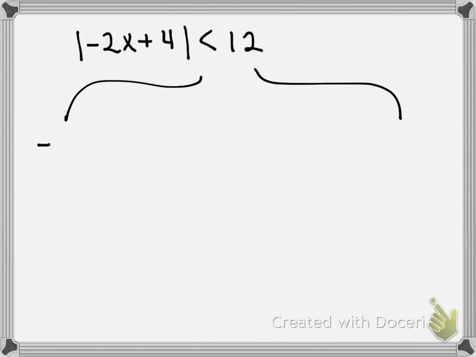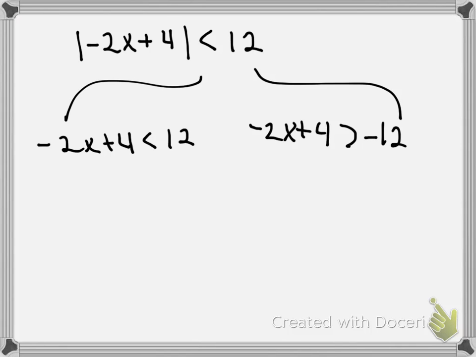So we end up with negative 2x plus 4 is less than 12, just like it was originally. And over here on the right for our second problem, we'll do negative 2x plus 4 is now more than negative 12. So we flipped it for that second part. Now when we do the operations, we need to worry about that negative division. With that negative division, we're going to flip our signs.